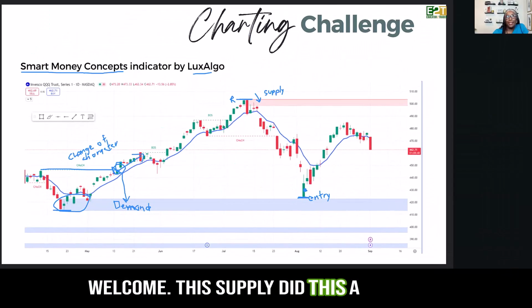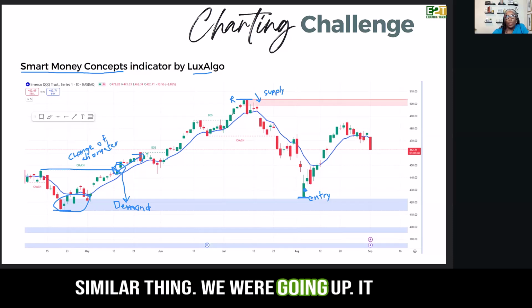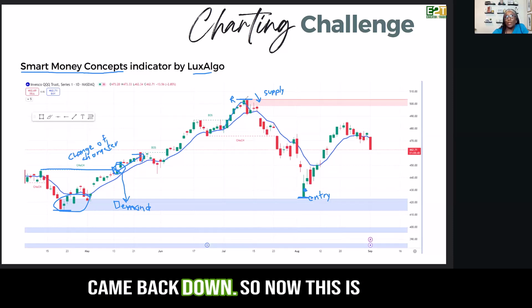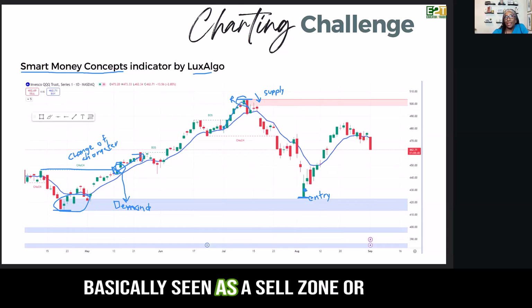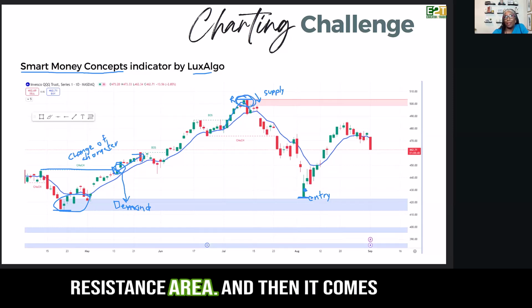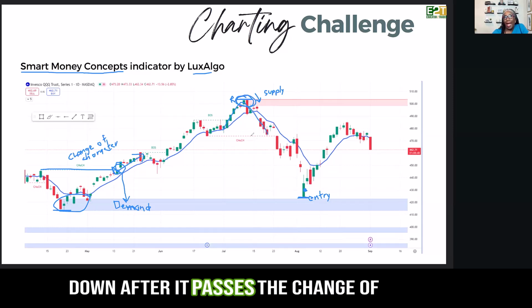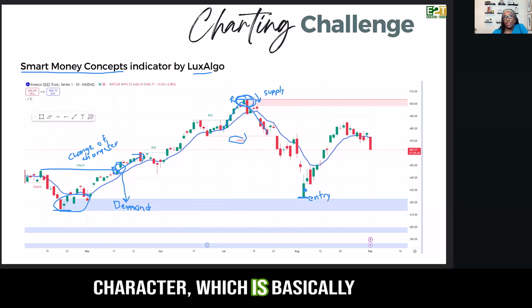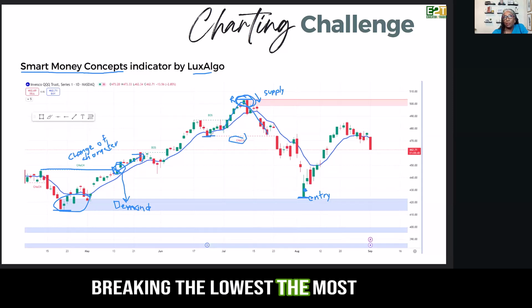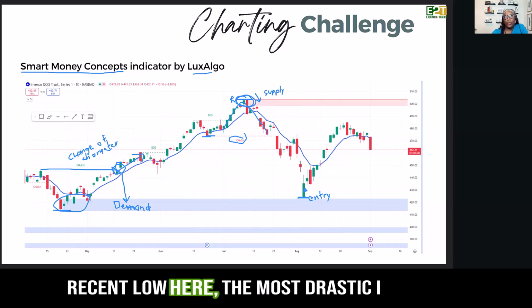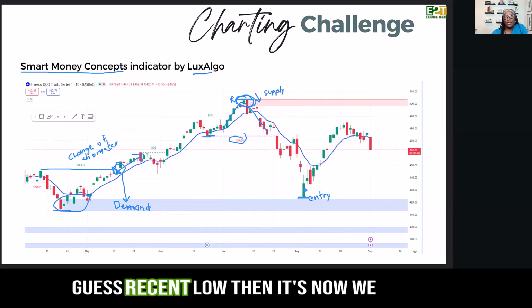This supply did a similar thing. We were going up, it came back down. So now this is basically seen as a sell zone or resistance area, and then it comes down after it passes the change of character, which is basically breaking the most recent low here, the most drastic recent low.